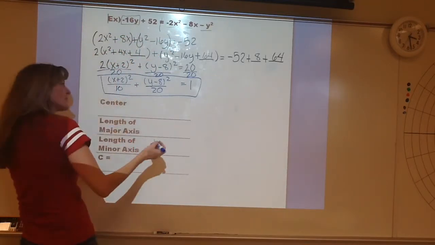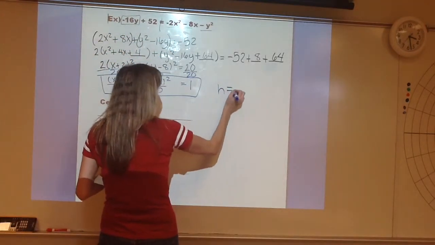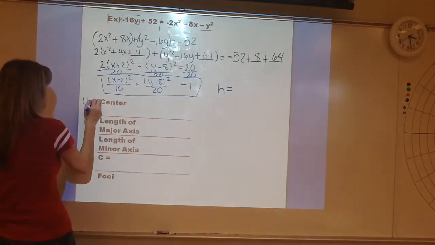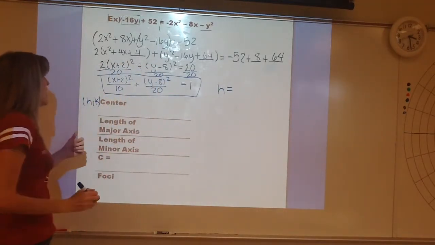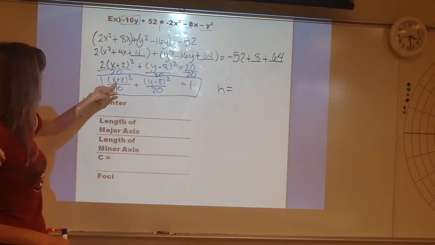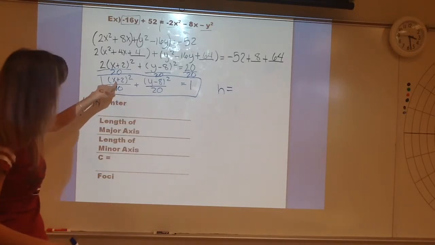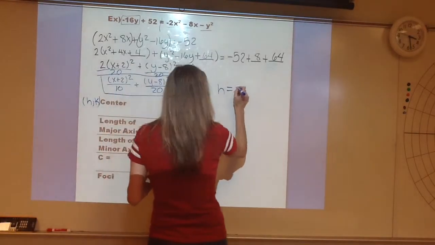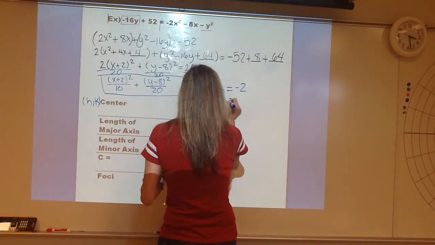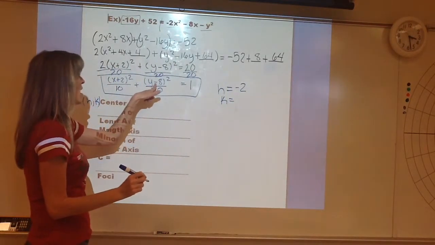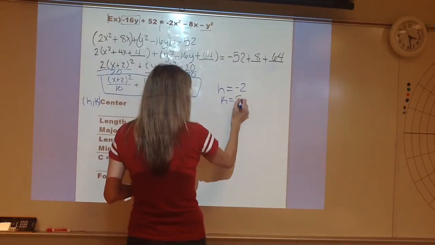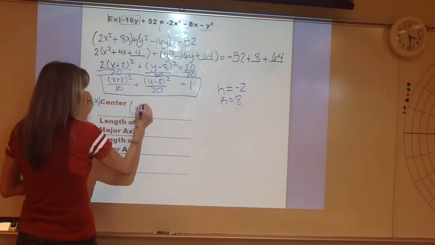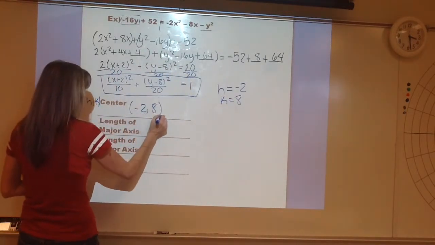So let's start with our h and our k, because the center is (h, k). h is always the number being subtracted from x. So h is -2. k is what's being subtracted from y. So k is 8. So my center is (-2, 8).